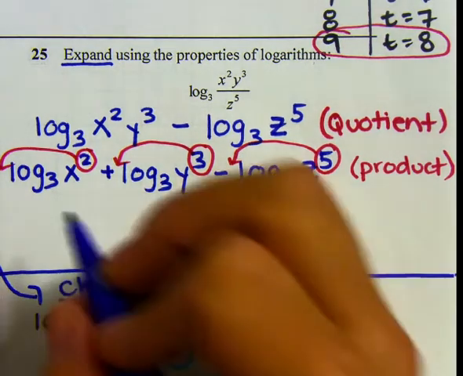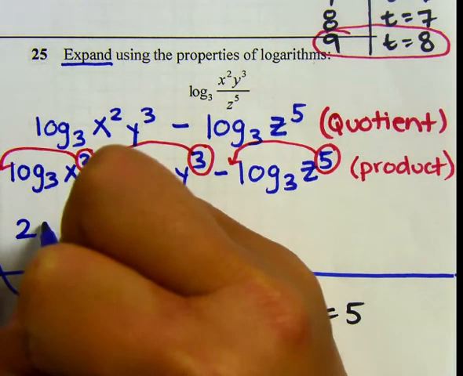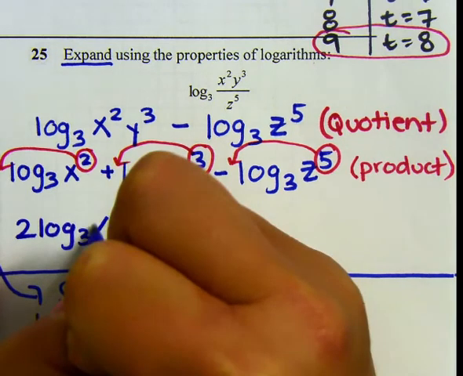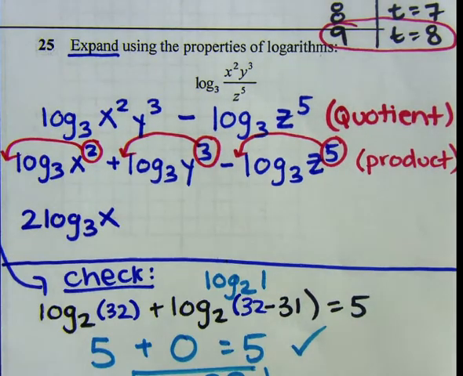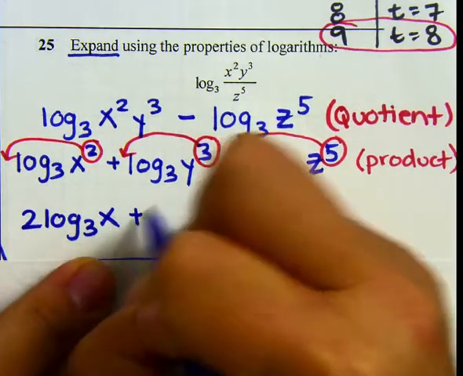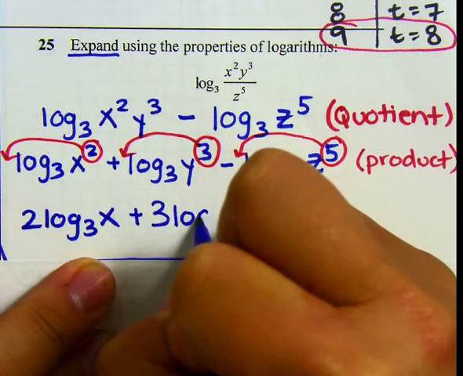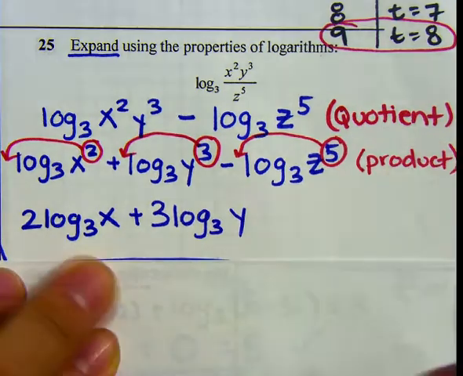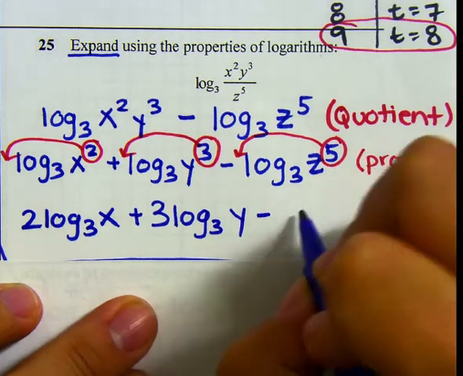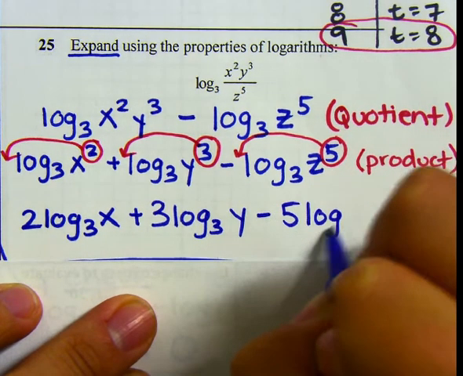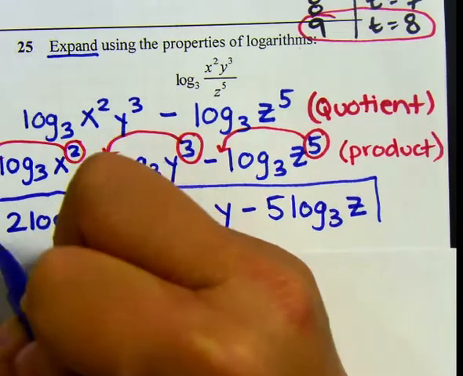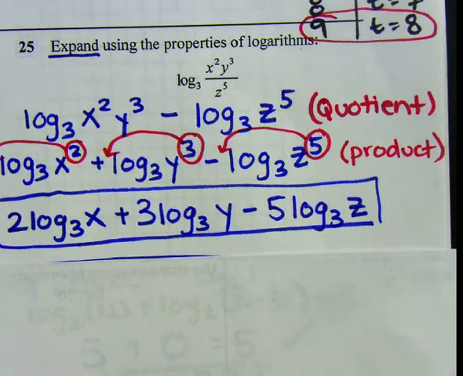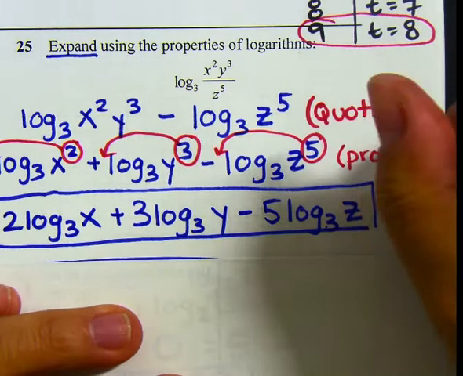So then it will say 2 times log base 3 of x, plus 3 times log base 3 of y, and then minus 5 log base 3 of z. And we've just expanded all of our terms. So this one is called the power.